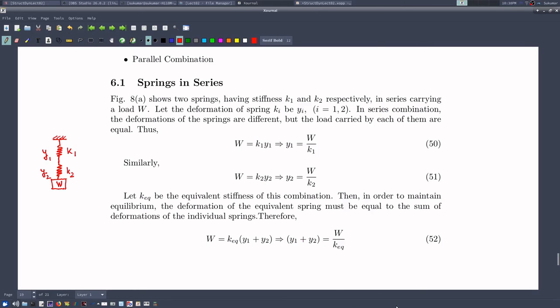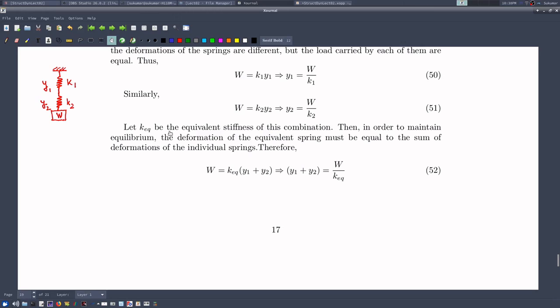Then I will get W by K1 plus W by K2 equal to W by K equivalent, and therefore 1 upon K equivalent will be equal to the sum of the reciprocals, 1 upon K1 plus 1 upon K2 and so on. If I have 3 springs, 1 upon K3 will come and so on.